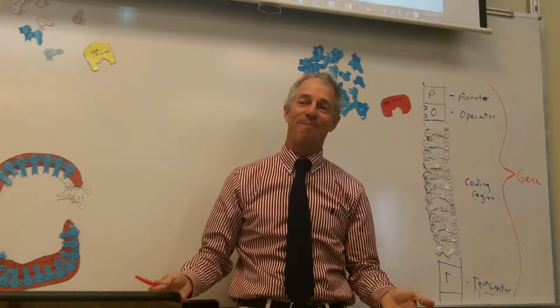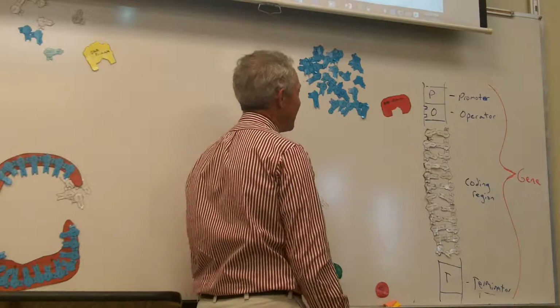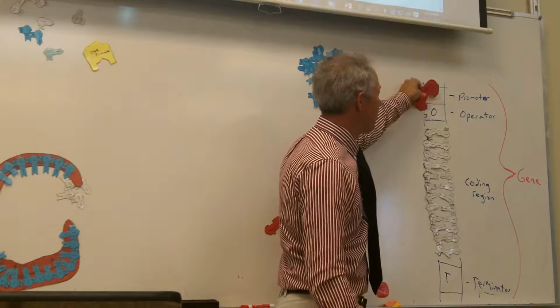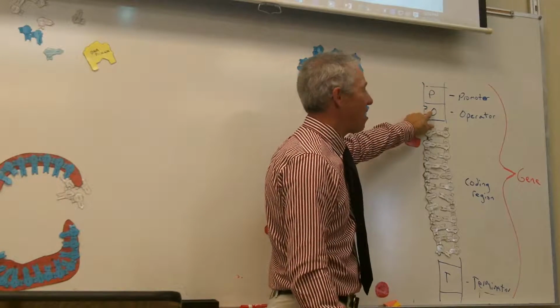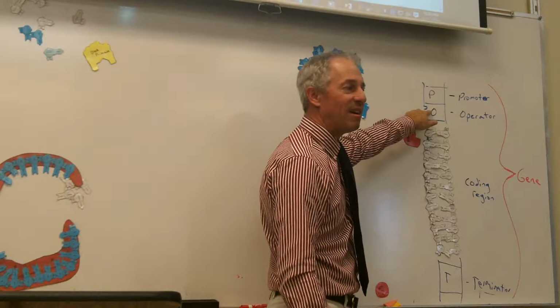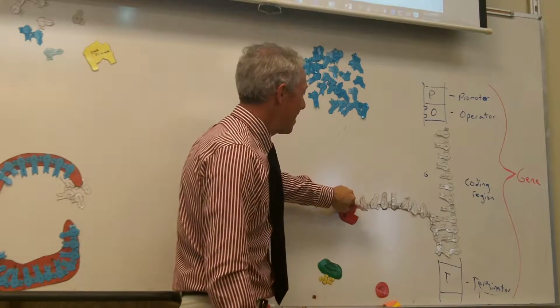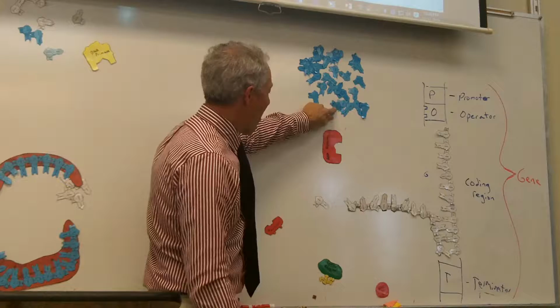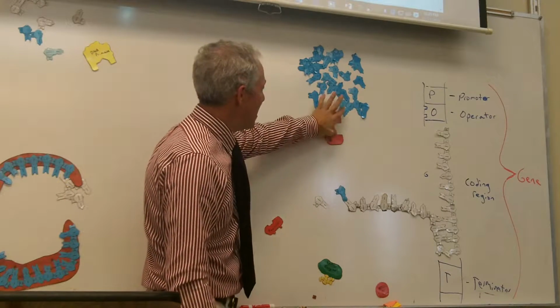Can you say RNA polymerase? RNA polymerase attaches at the promoter, and then it's going to slide past the operator. I'll talk about that in a minute. And it's going to unzip the DNA, and add RNA nucleotides one by one to copy the DNA.